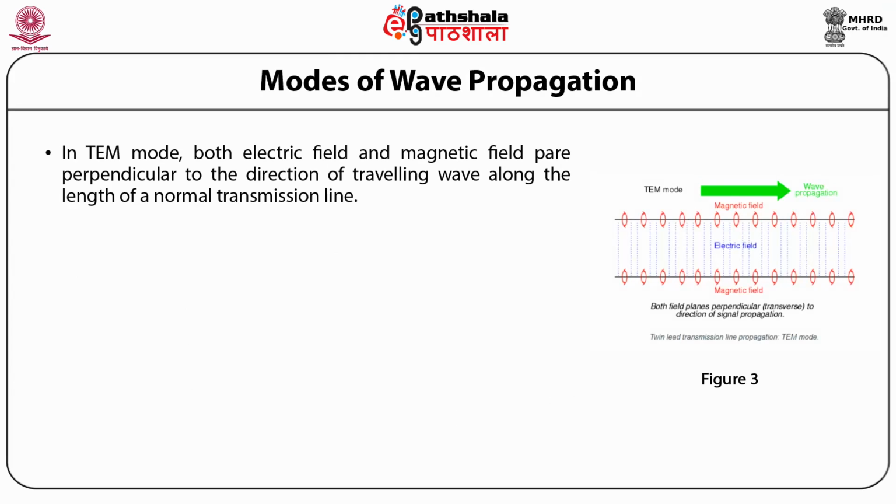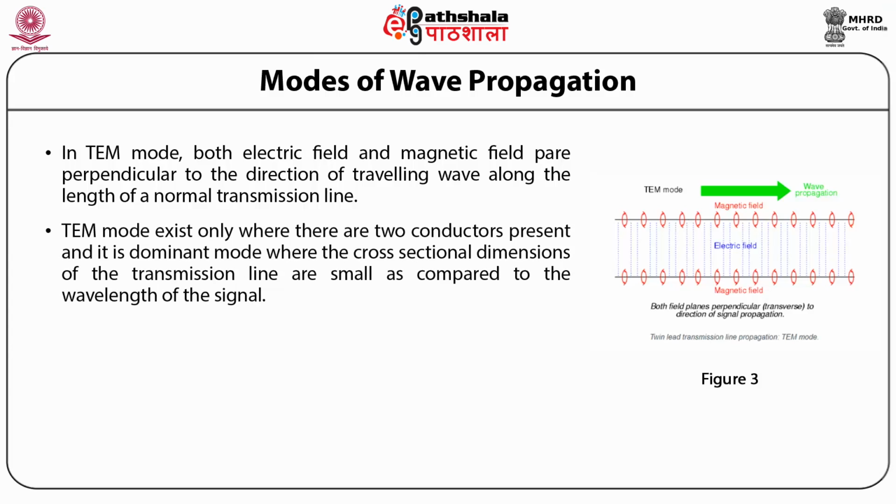However, in TEM mode, both electric and magnetic fields are perpendicular to the direction of the traveling wave along the length of a normal transmission line, which you all can see in the figure on the right hand side.